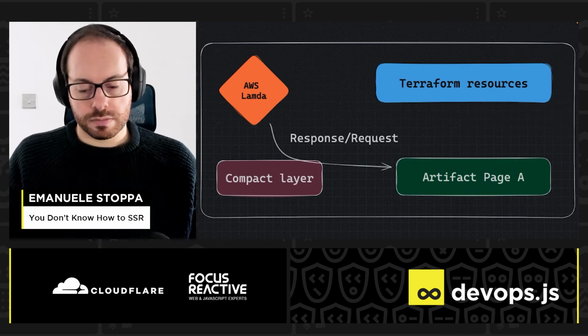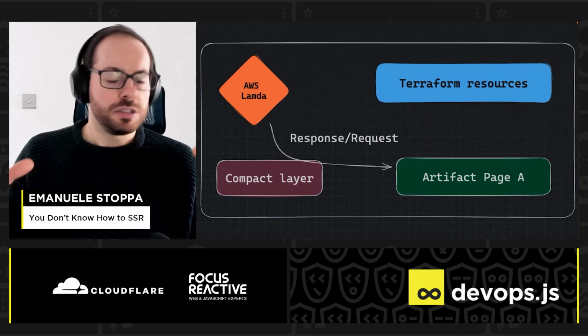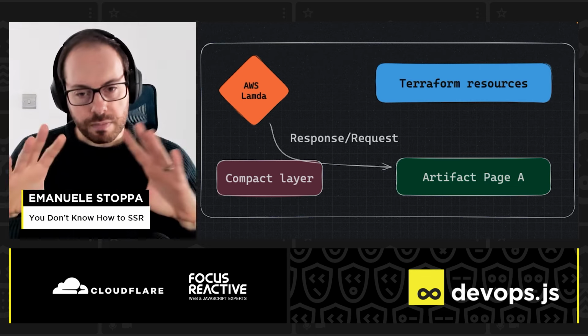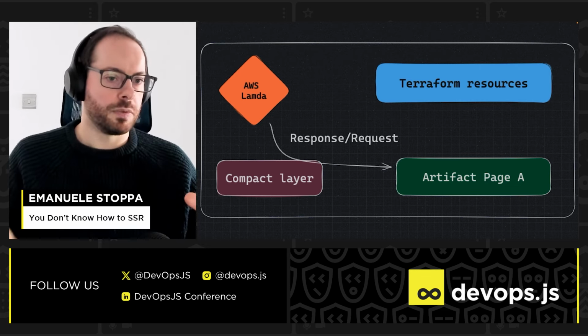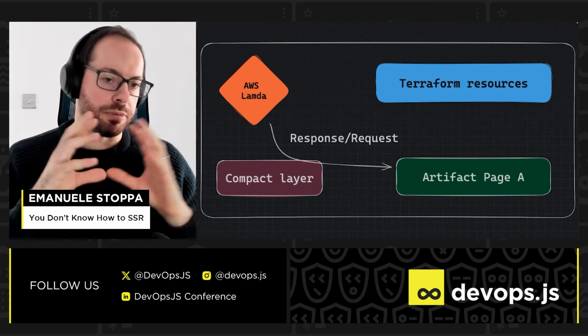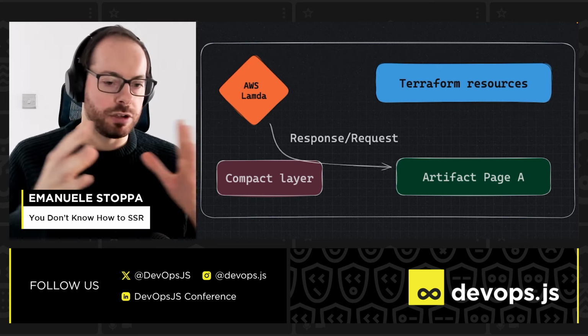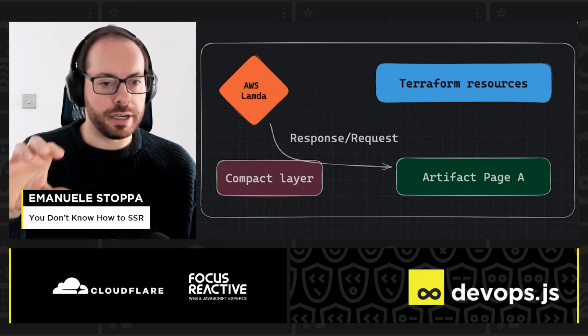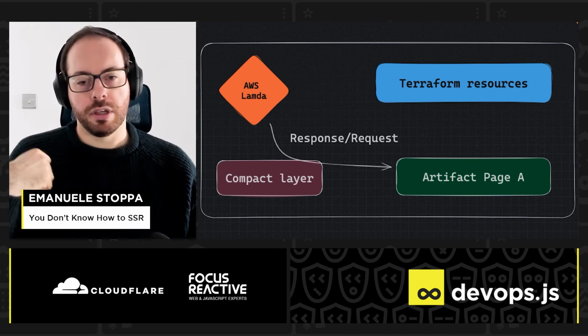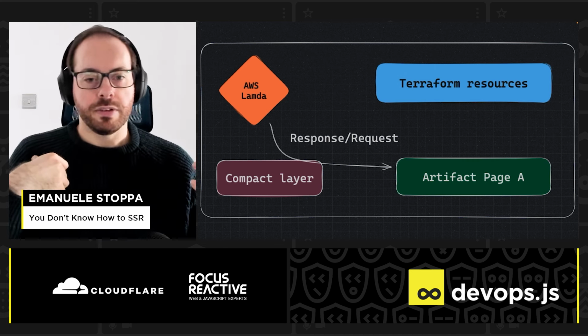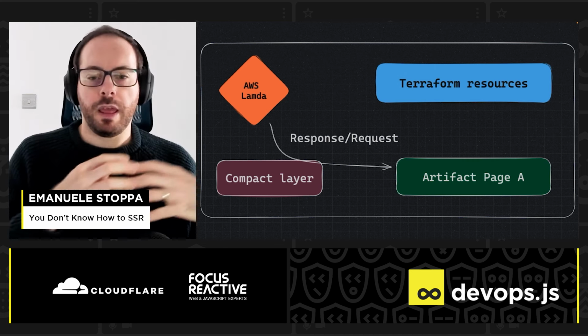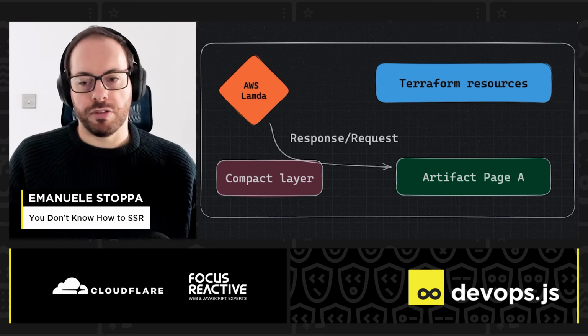So this lambda actually is not just a lambda. There's actually the real lambda built dynamically. We then had the compact layer that takes the event passed from the lambda and creates a response request.